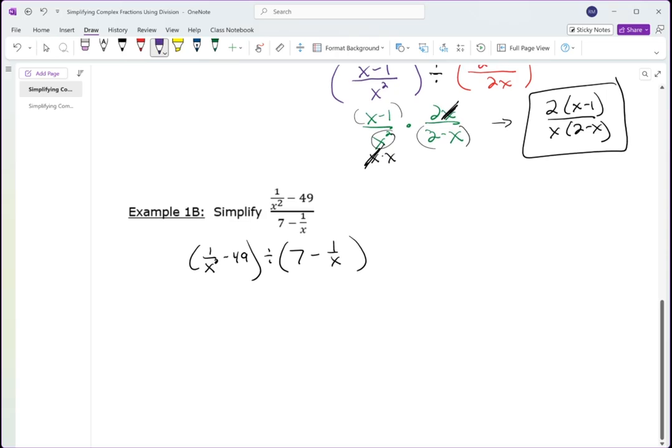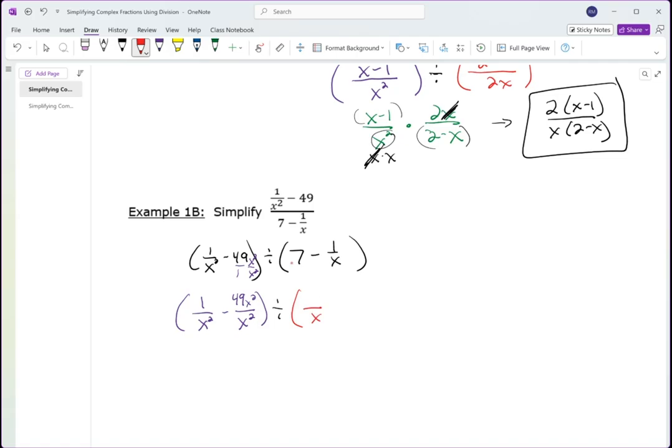Then I'm going to find a common denominator for the first expression. That would be x squared. And we could think of this as over 1, so we're going to multiply x squared on the top and bottom. So that's going to end up being 49x squared, and that's going to be a 1. We're going to do this same thing to the second fraction.